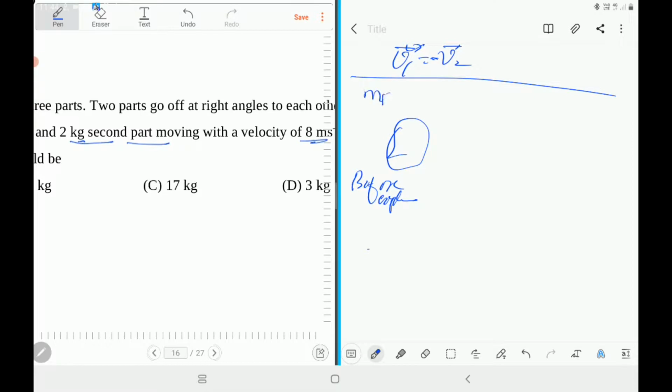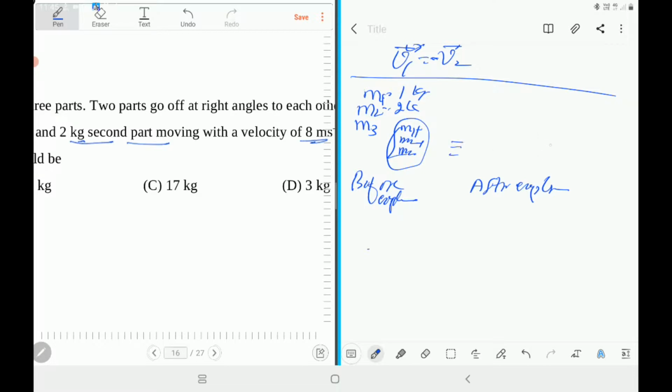Here, mass M1 is 1 kg, mass M2 is 2 kg, and you don't know the mass of the piece M3. M1 plus M2 plus M3 all put together is one stone before explosion. This is after explosion. After explosion, mass remains the same.